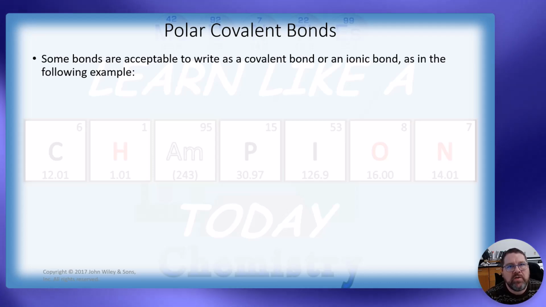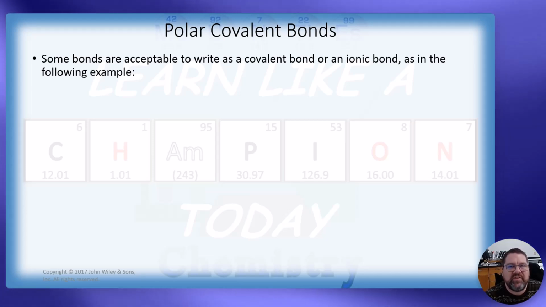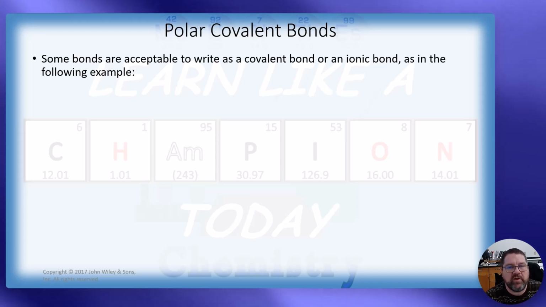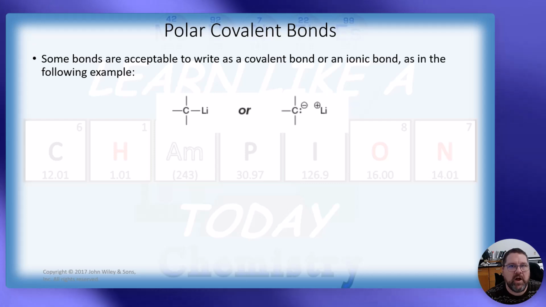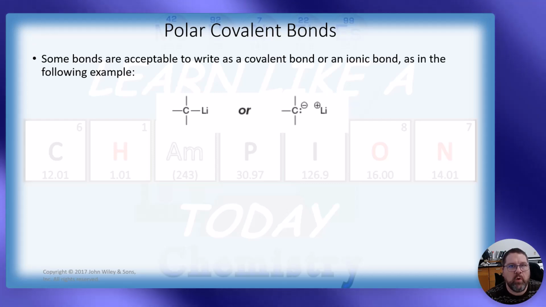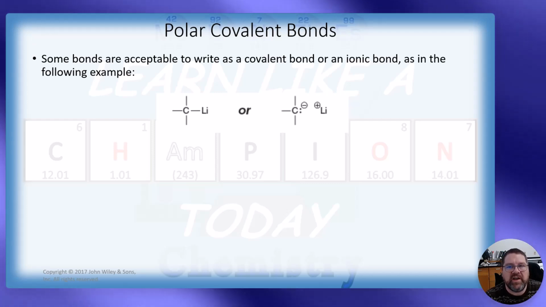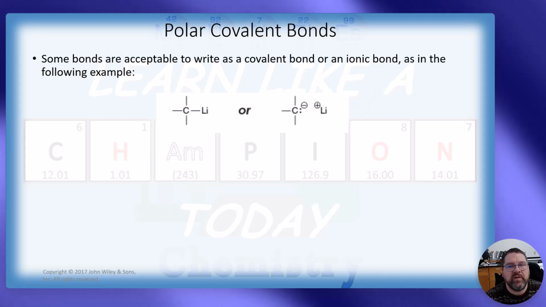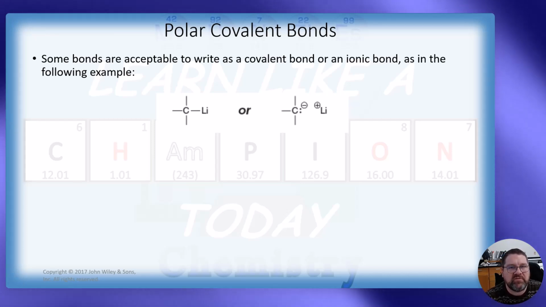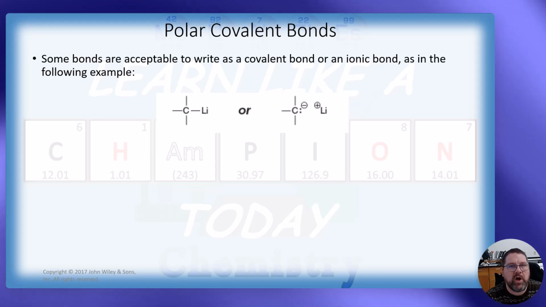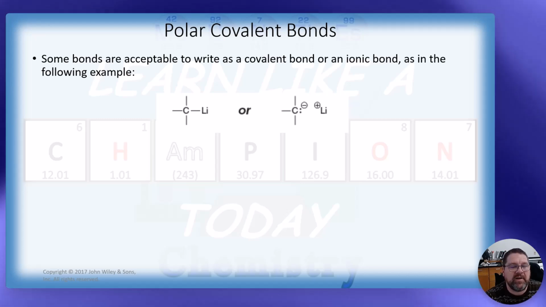So depending on the bonds that we are looking at, if it's a very, very polar bond, sometimes you may see it written as a covalent bond with the partial charges, but other times you may see it written as an ionic bond with a full formal +1 charge or a -1 charge. So for instance, lithium being a metal, carbon being a nonmetal, in very rough general terms, the bond between a metal and a nonmetal we would classify as being ionic.